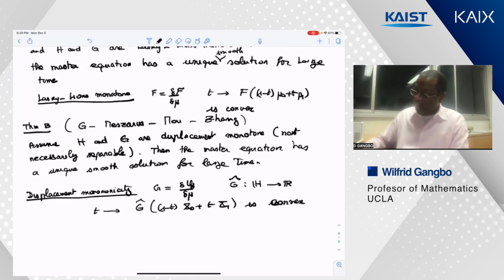So I want to compare Lasry-Lions to displacement using the same notation.